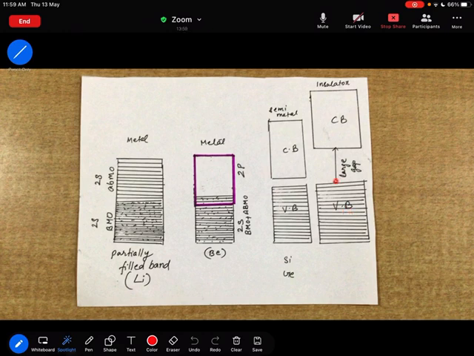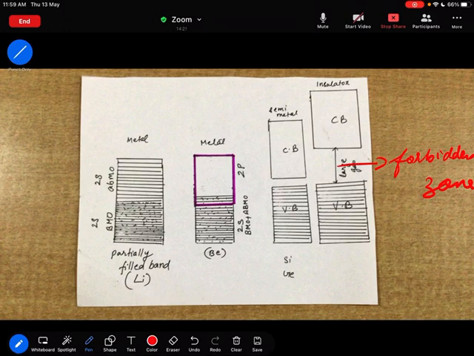The large energy gap is called forbidden zone. This is a one mark question: what is a forbidden zone? The large energy gap between the valence band and conduction band is called forbidden zone.